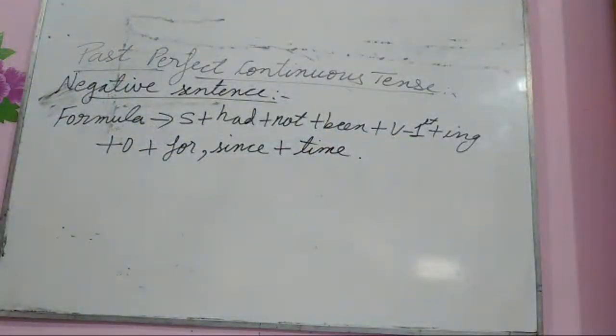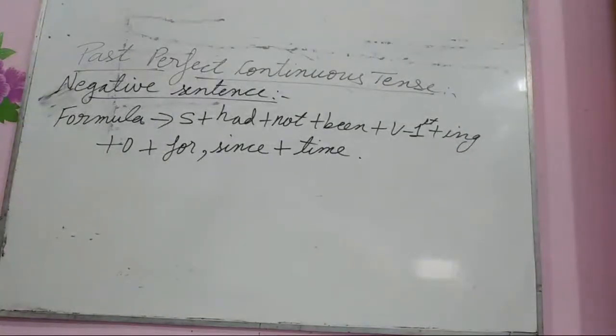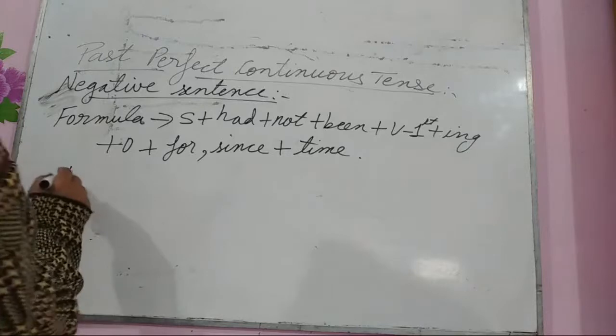So the formula for the negative sentence in past perfect continuous tense is subject plus had plus not plus been plus verb of first form plus ing plus object plus for or since plus time. Let's see the example related to it.